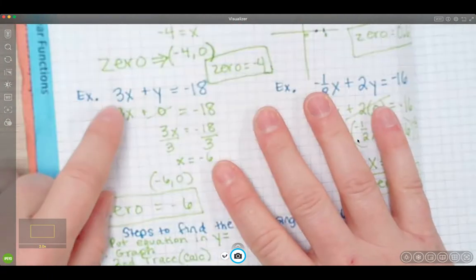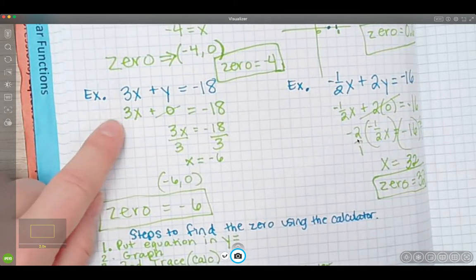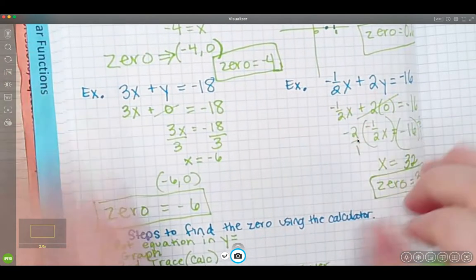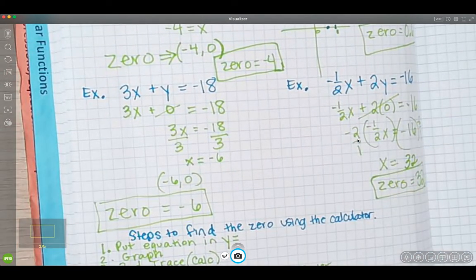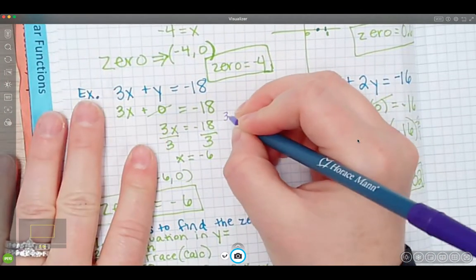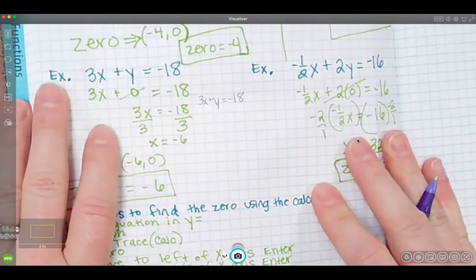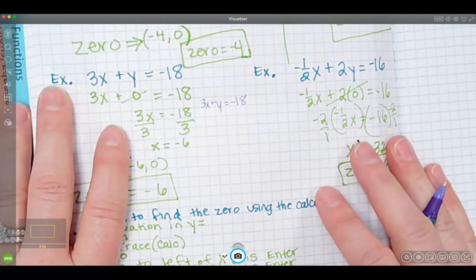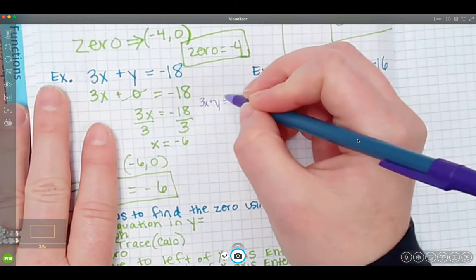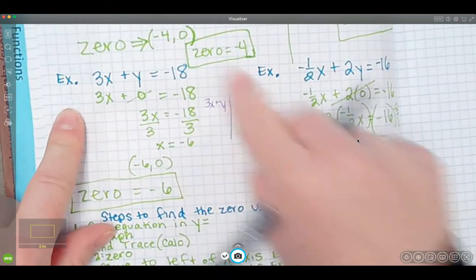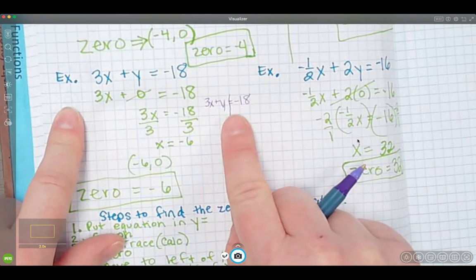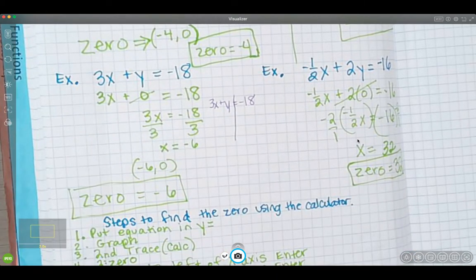I want to do this one. So in order to do this one, I need it to have in y equals form. So right now it's at 3x plus y equals negative 18. But I wanted to say y equals. So everybody's on this example, right? Rewrite your equation. And we wanted to say y equals.